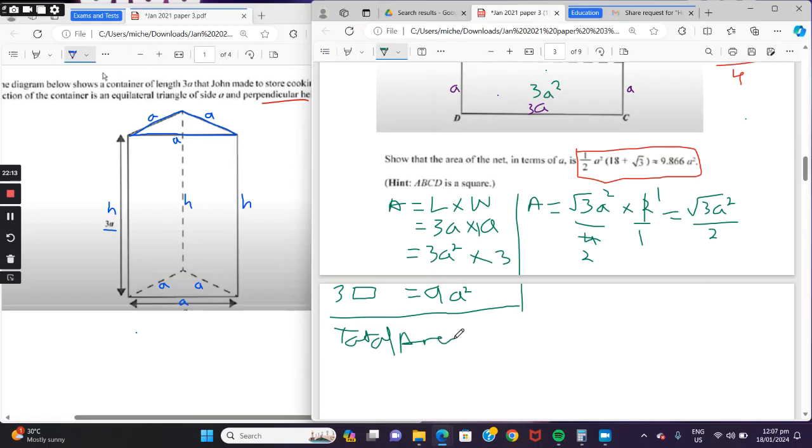The total area would be what I'm looking for. Right. 9a squared, sorry. Add, what's the next one?